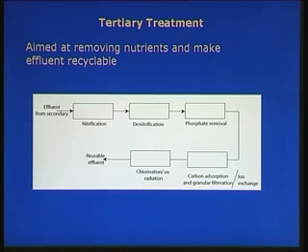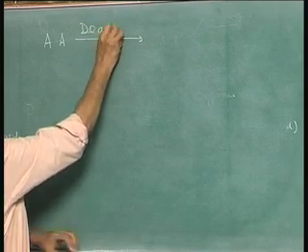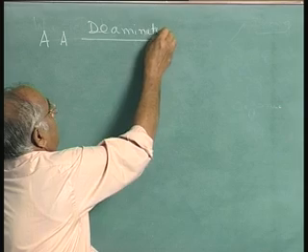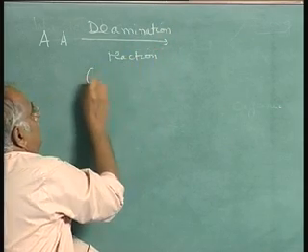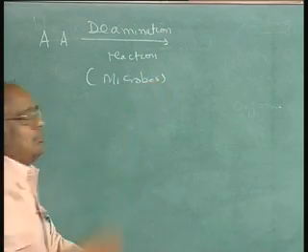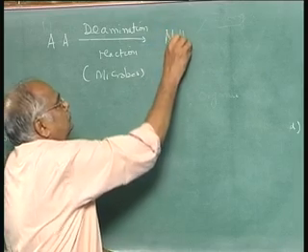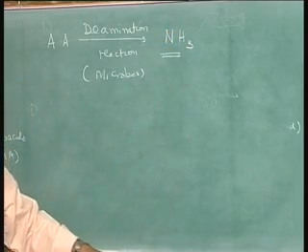Deamination reaction is the removal of ammonia, which is mediated by microorganisms. All these reactions are mediated by microorganisms, converted into ammonia, and this ammonia is present in the wastewater.